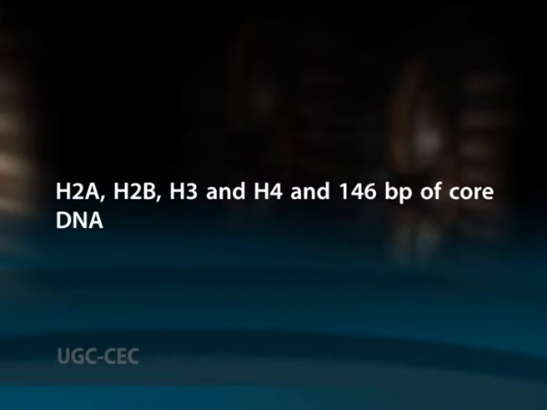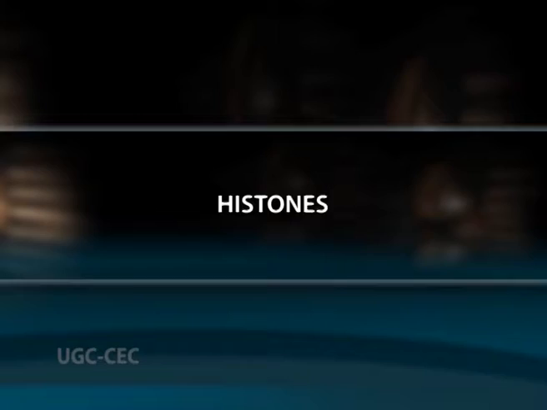The particle thus formed, the nucleosome core particle, consists of a histone octamer containing two copies each of histones H2A, H2B, H3 and H4, and 146 base pairs of core DNA which is wrapped around this octamer twice. The core particles are joined together by linker DNA whose length varies between species and between different cell types.